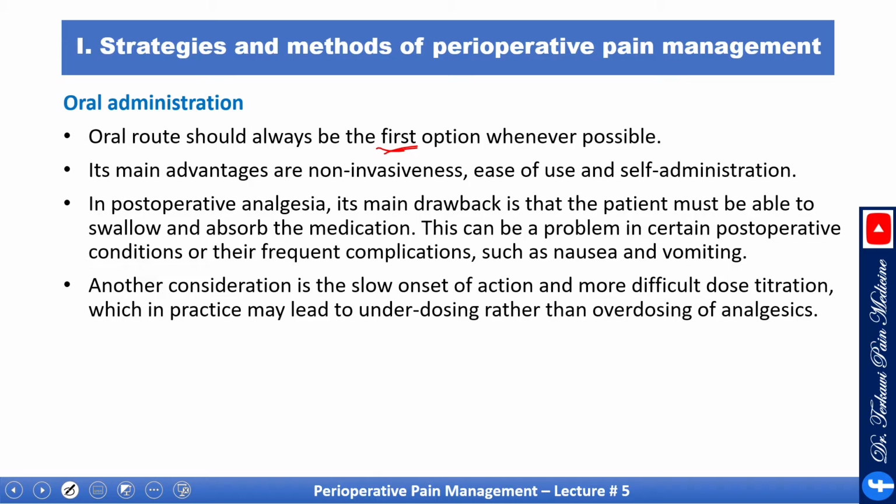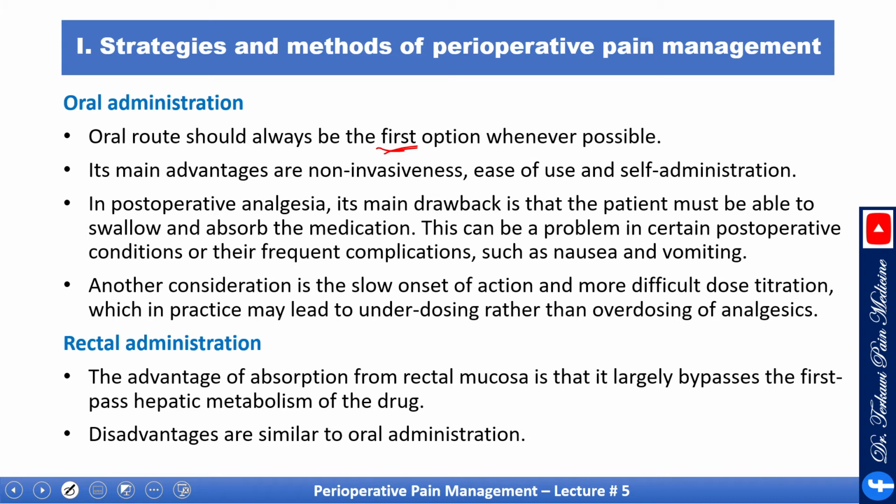This can be a problem in certain postoperative conditions or their frequent complications such as nausea and vomiting. Another consideration is the slow onset of action and more difficult dose titration, which in practice may lead to underdosing rather than overdosing of analgesia.